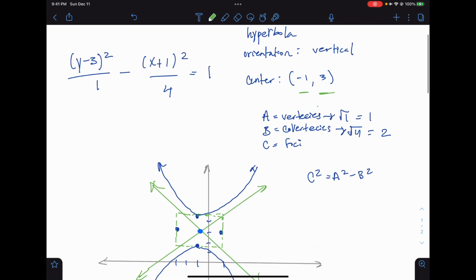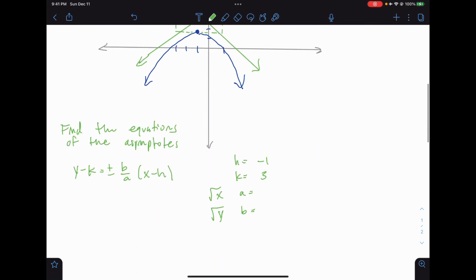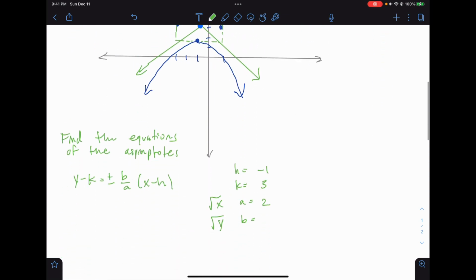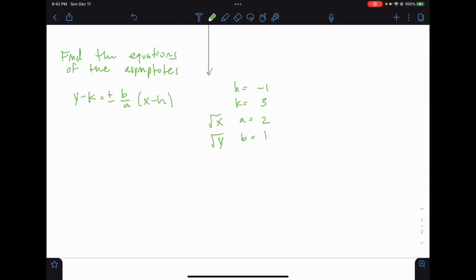So if we go up here, square root of 4 is 2, and then square root of 1 is 1, and we just plug and play.